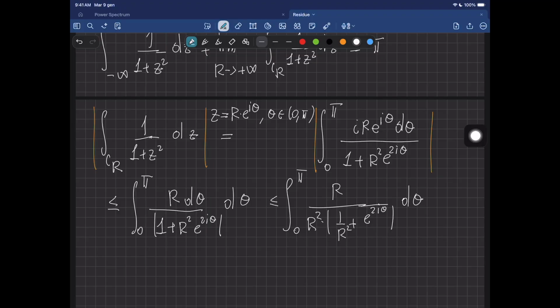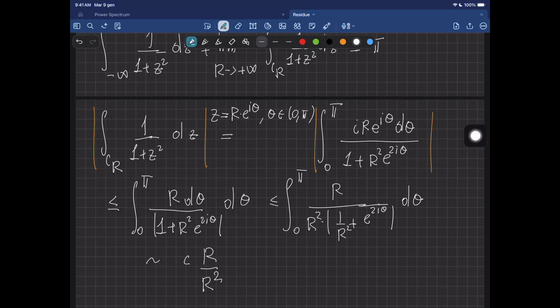Now, since we are interested in when r gets larger and larger, this term is going to go to 0. So the modulus is going to converge to the modulus of e to the 2i theta, which is exactly going to be 1. So this integral, basically, we can say is going to behave like a constant times r over r squared.